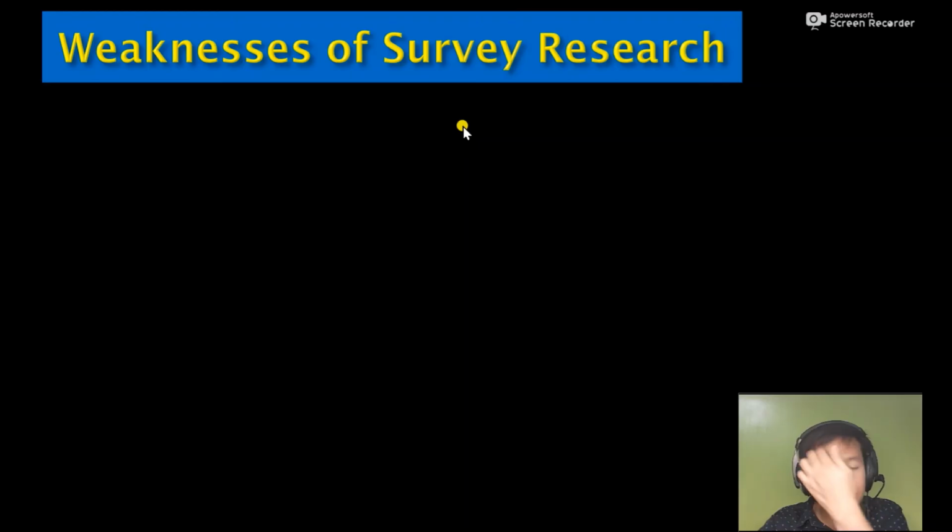Now, this time, we are going to talk about the weaknesses of survey research. If survey research has the so-called strengths, it also has weaknesses. Quantitative research has so many strengths, but it also has so many weaknesses.